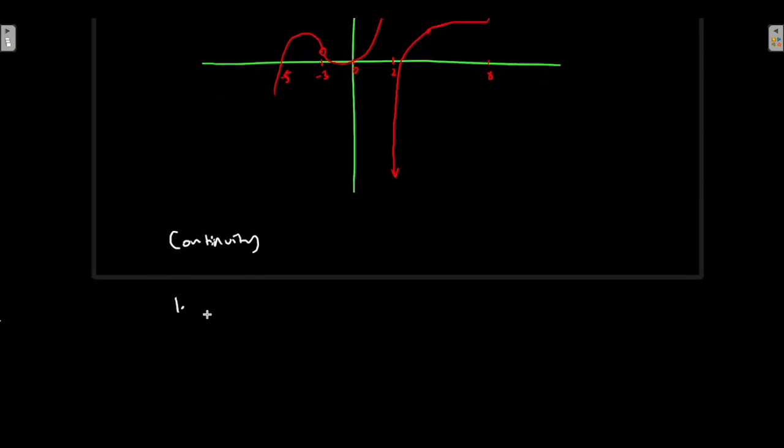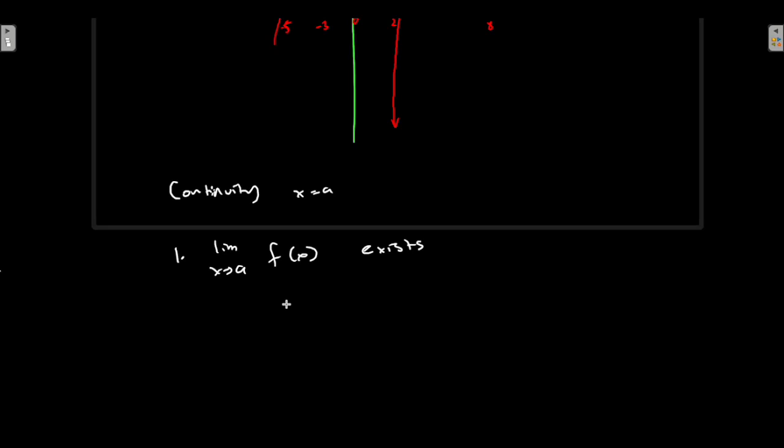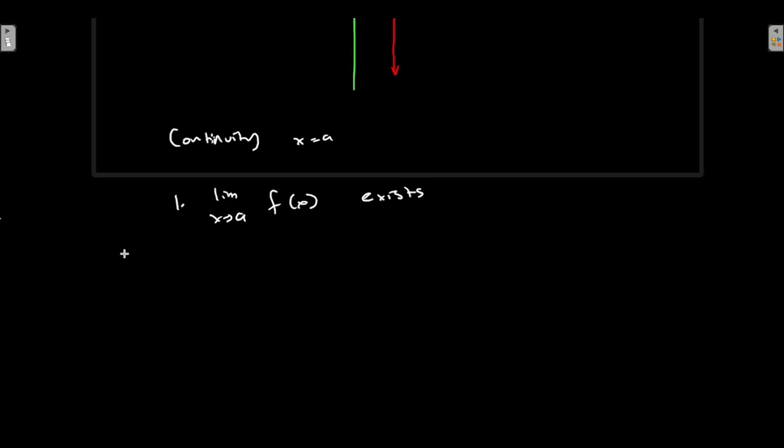So step 1 for proving continuity is to see if the limit as x approaches a, this is continuity at point a, of f of x exists. This could be done by either doing direct substitution, see if it works, or using one-sided limits.